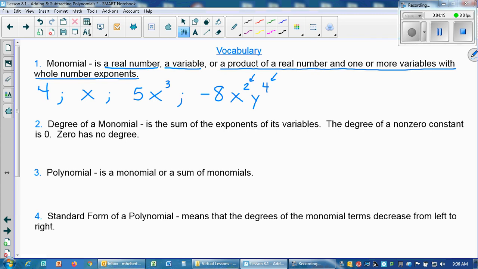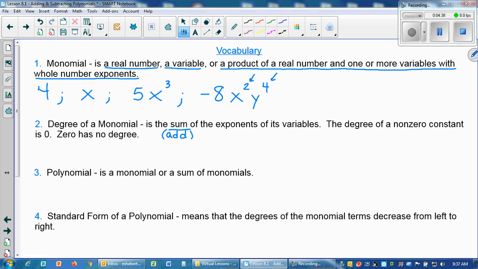Now we're going to talk about the degree of a monomial. The degree of a monomial is the sum of the exponents of its variable. Remember, sum means to add. So we're going to be adding up these variables' exponents. Not the coefficients, just the exponents.